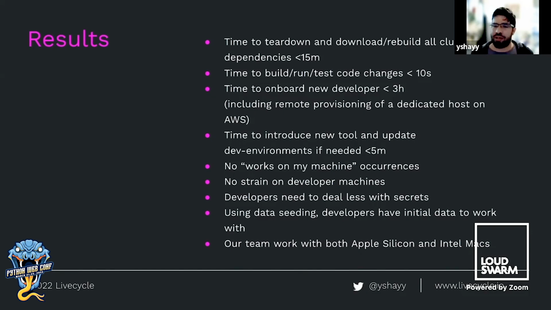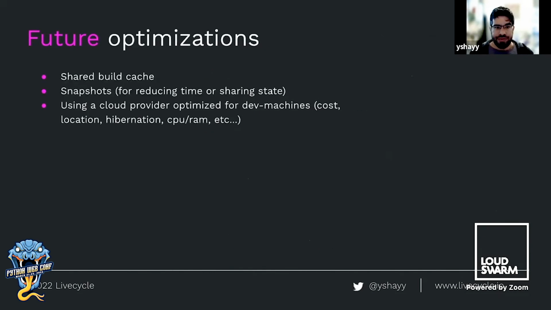Time to introduce a new tool is very fast, 5 minutes, because we can just update the Dockerfile and everyone gets it. There are no "works on my machine" occurrences, and no strain on our developer machines when we are working remotely. Developers need to deal less with secrets because they are encrypted in the repository. We are also using data seeding, so developers have initial data to work with. And our team works with both Apple Silicon and Intel Macs, so it works very well.